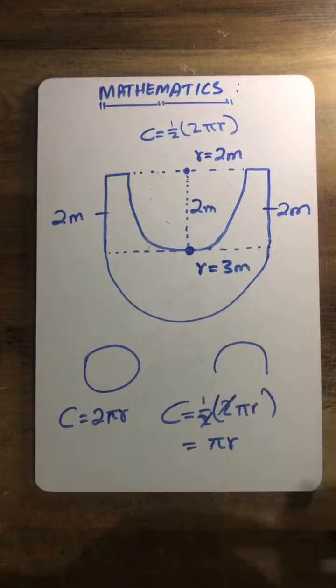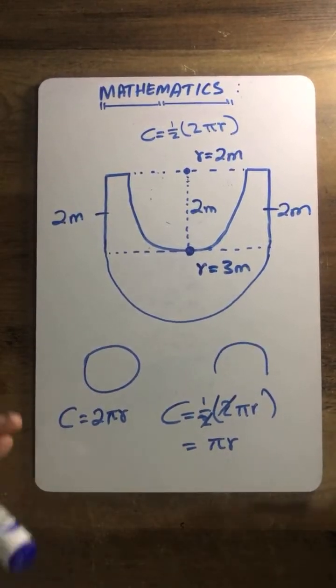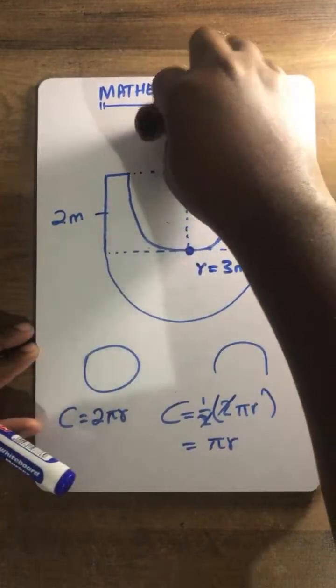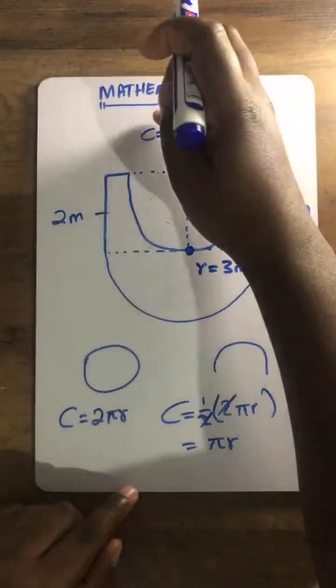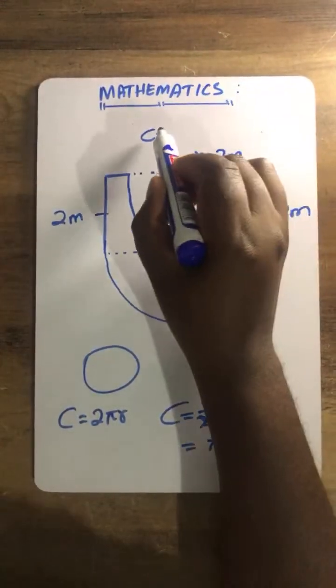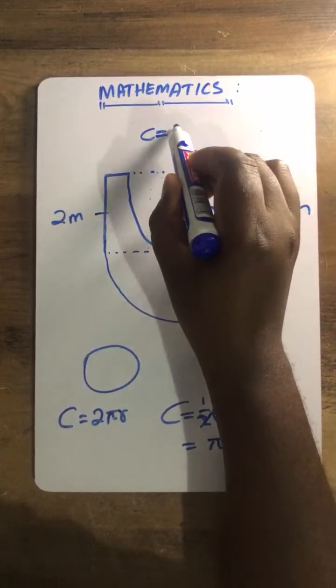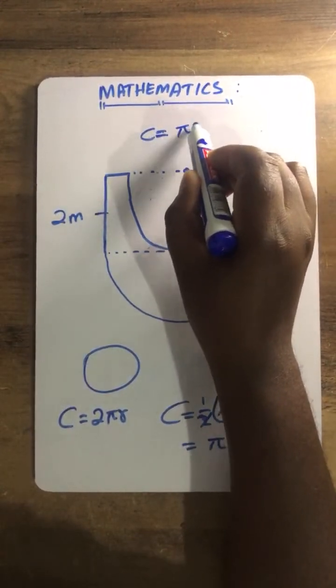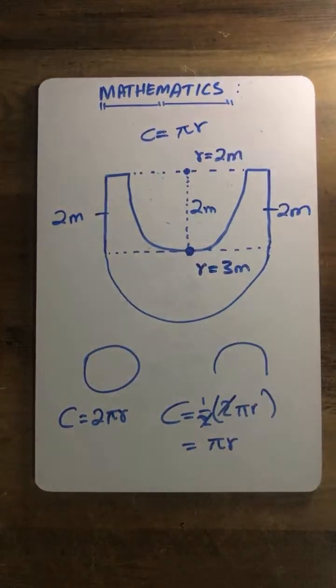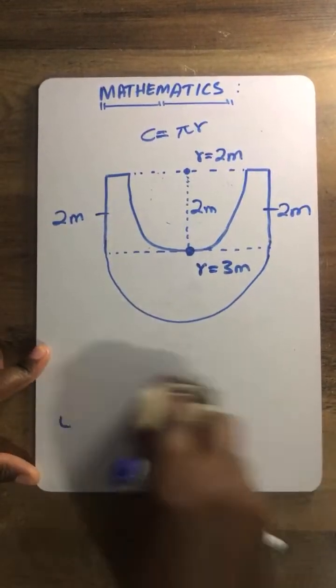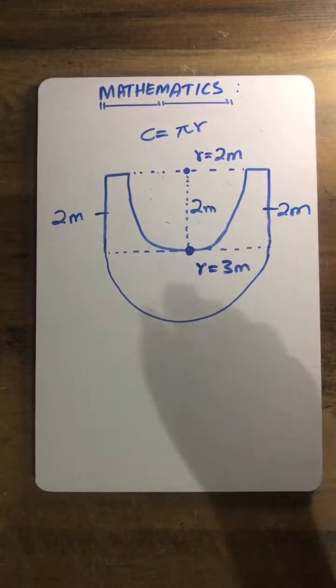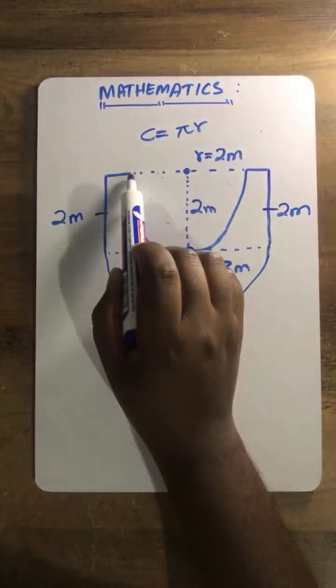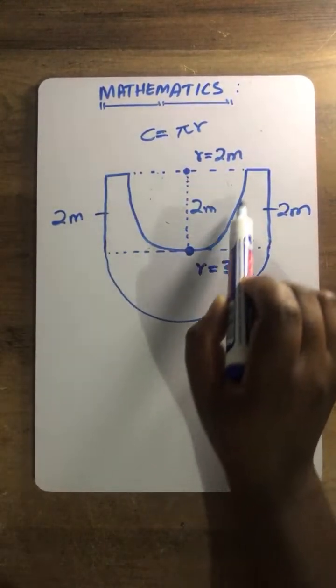So let us take a shortcut and say, when we have half a circle and we calculate the perimeter, the perimeter is equal to just pi r. So you can use pi r to know what that length is.